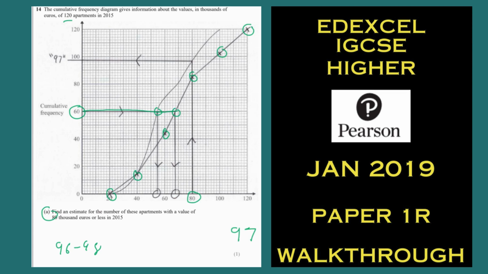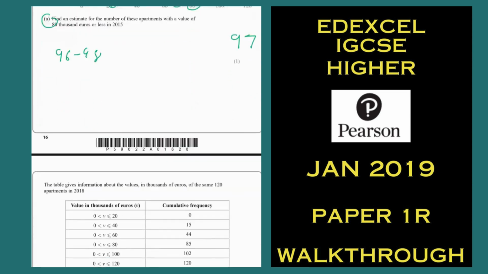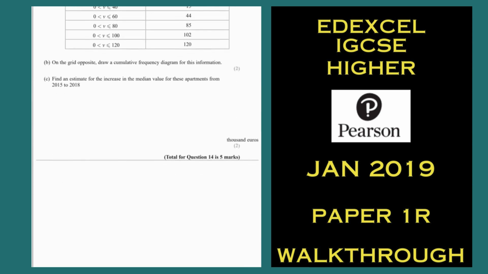Wherever they cross, zoom down to the x-axis and take your readings off there. I got 68 and 15. So to find the difference, or in other words, the increase, we took them away. Mark scheme allows 13 to 15. So I'm at the lower end, but I'm fine.